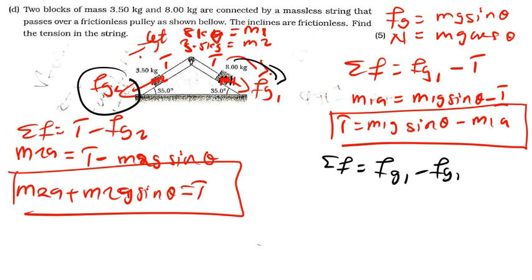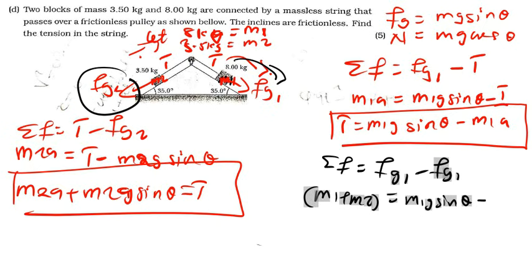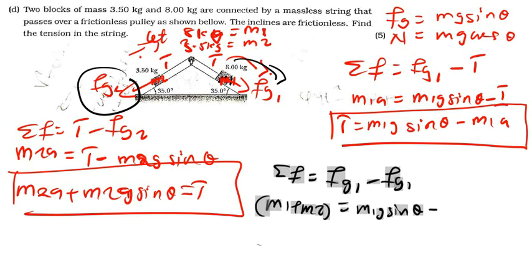Then this will be M1, like the way we did M2. So this is M1G sine theta minus, now I don't have enough space, so I'm going to push this part to this side so that I have enough space.